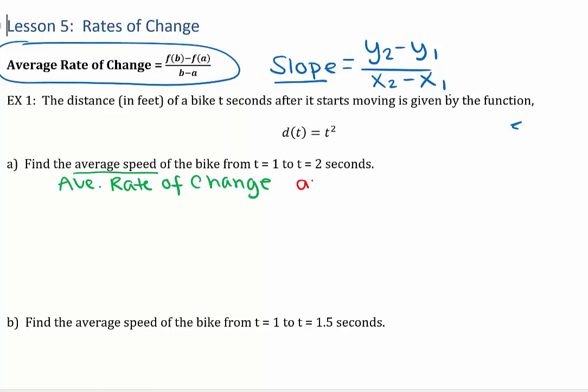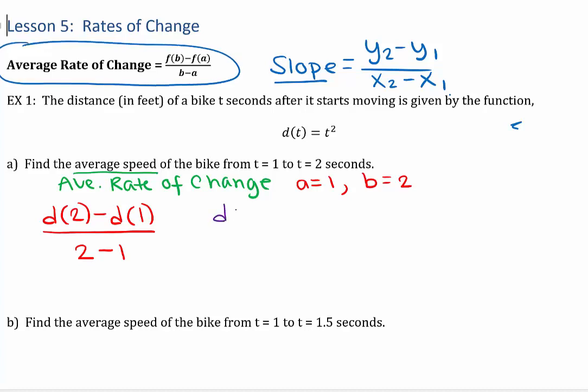So if I want to use the above formula, we could just say that a is 1 second and b is 2. That'll give us the average rate of change from 1 to 2 seconds. So I have to compute d of 2 minus d of 1, that's my change in outputs, divided by my change in inputs, 2 minus 1.